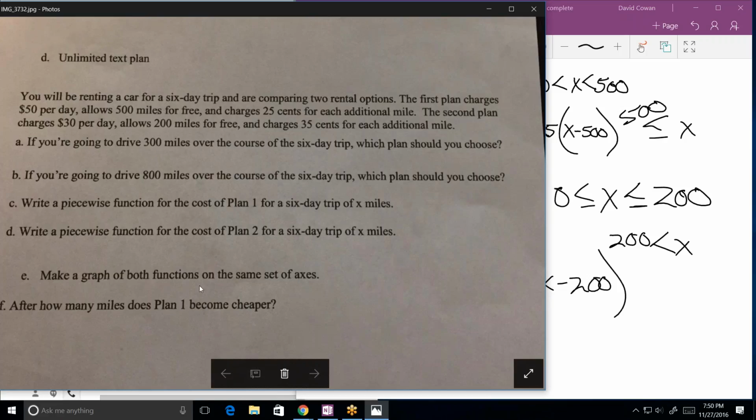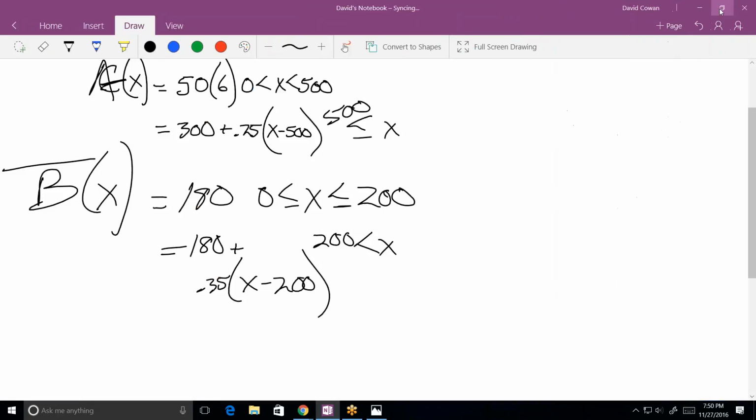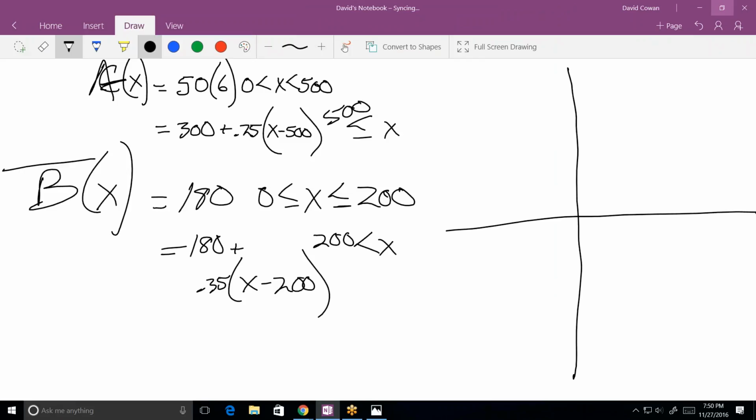Make a graph of both functions on the same set of axes. I'll do the first one in blue. That'll be a of x. How should I draw this graph?